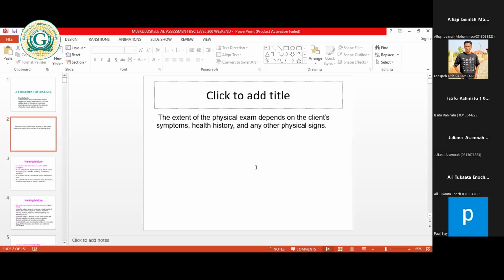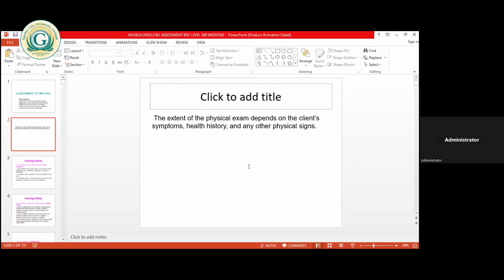The extent of the physical examination will depend on the patient's condition, at least the signs and symptoms that have been exhibited, the health history the patient will present to you, and any other physical sign that you see as a nurse.